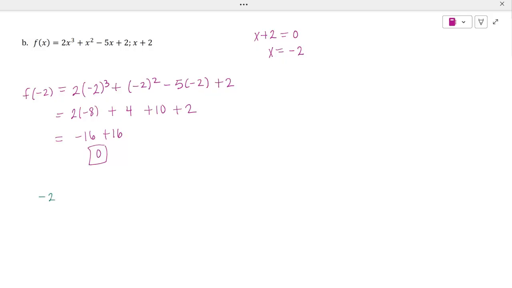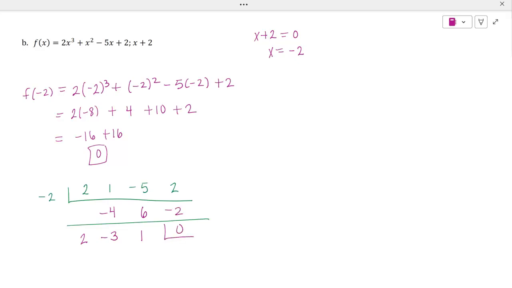So we know that this is going to divide evenly, so let's use synthetic division. Our zero is -2. The coefficients are 2, 1, -5, 2. We bring the first number down, and then we multiply, and then add. -4, add down -3, 6, add down 1, -2, and yes, we're getting 0 as our remainder.